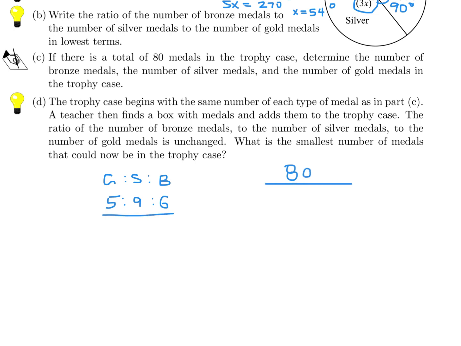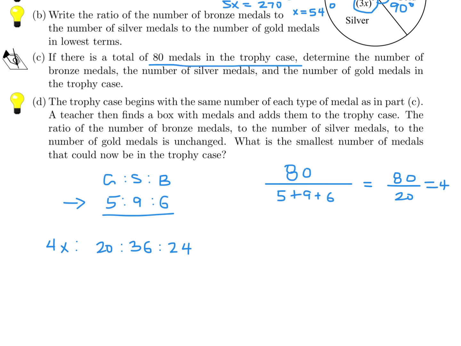So let's first add up 5 plus 9 plus 6 as the denominator. So this is 80 over 20, so that's 4. You have to multiply it by 4, and when you do, you get 20, 36, and 24, right? So there's 20 gold, 36 silver, and 24 bronze medals in this trophy case that started with 80 medals in total.